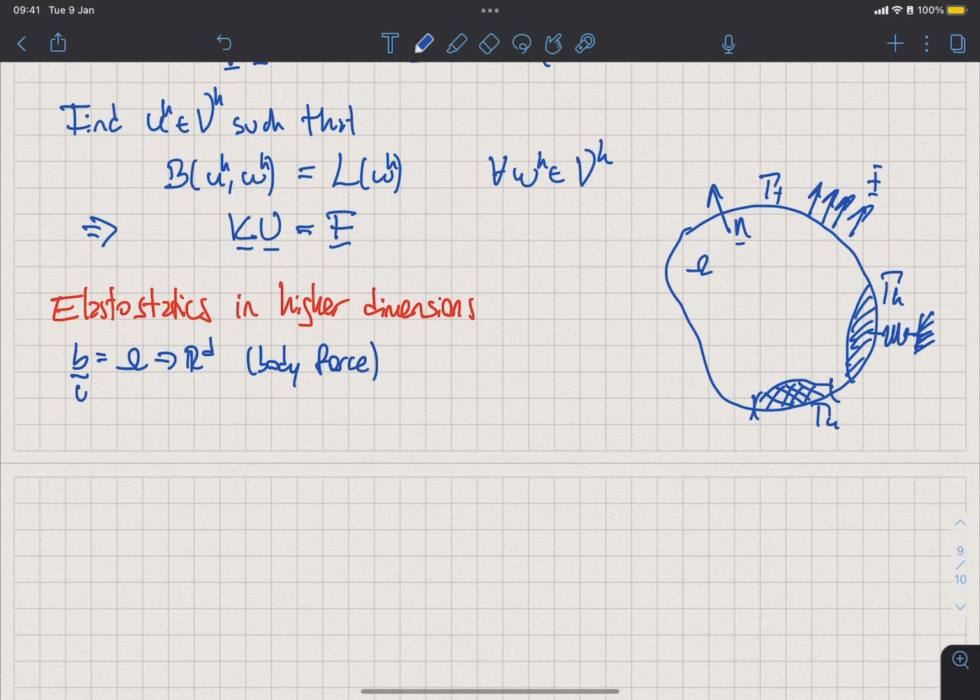We need a prescribed displacement field that goes from gamma u to, again, Rd, so it's our prescribed displacement. Then you have the prescribed traction from gamma t to Rd.